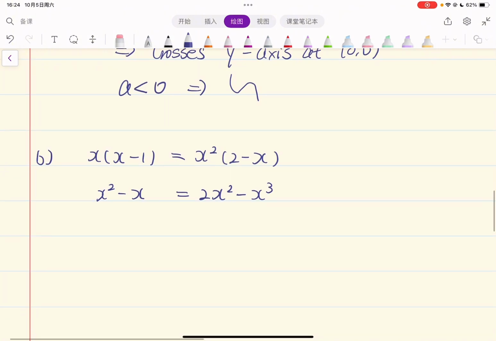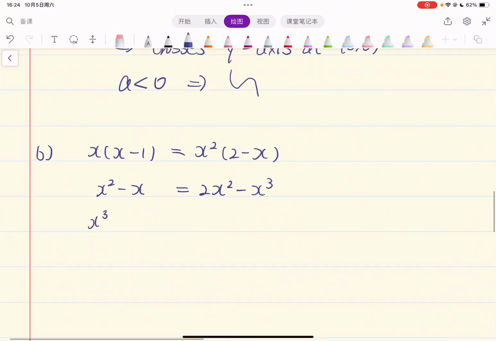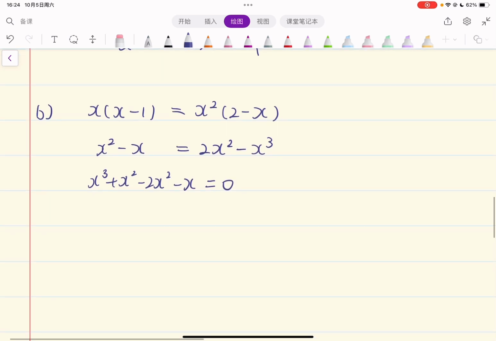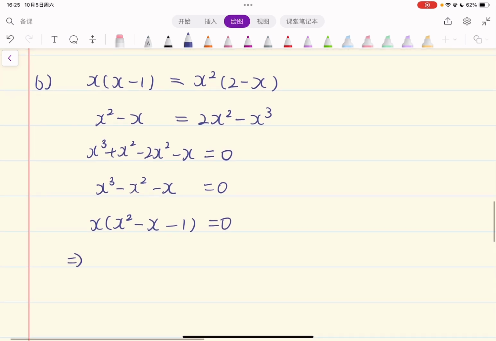And rearranging that, we have x cubed plus x squared minus 2x squared minus x equals 0, which means we have x cubed minus x squared minus x equals 0. And then we have x times (x squared minus x minus 1) equals 0. This implies that we have x equals 0, or x squared minus x minus 1 equals 0.